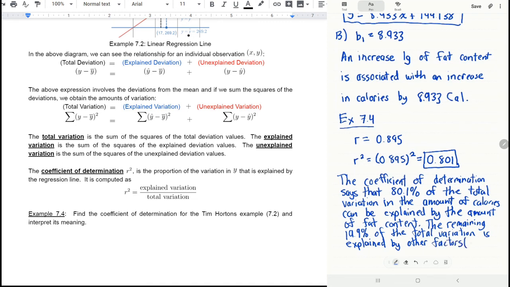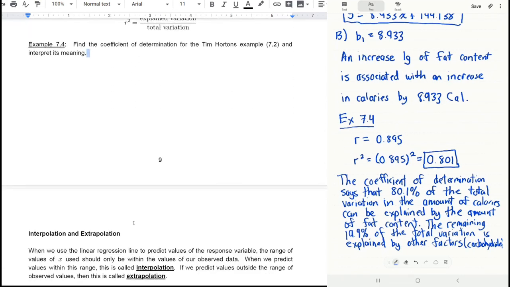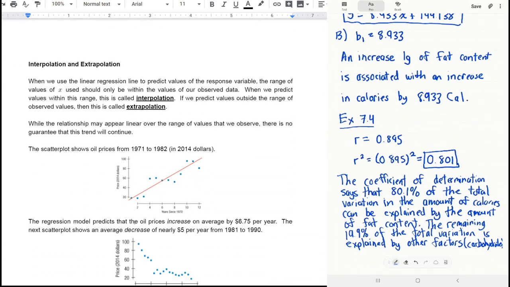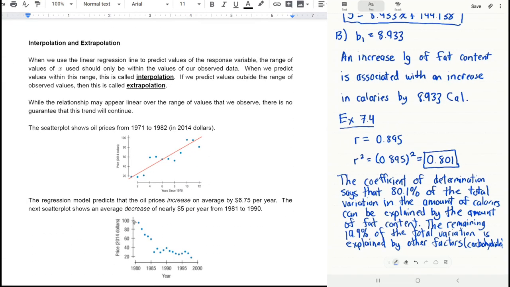For example, carbohydrates or sugars can explain the other variations in calories. All right. So now the last thing we'll talk about is interpolation and extrapolation.